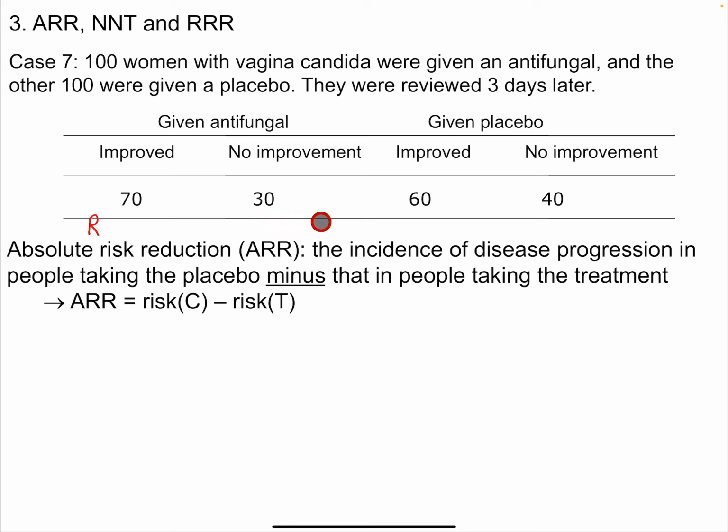So the risk in this group is 30 divided by 100. In the control group, the risk is 40 divided by 100.